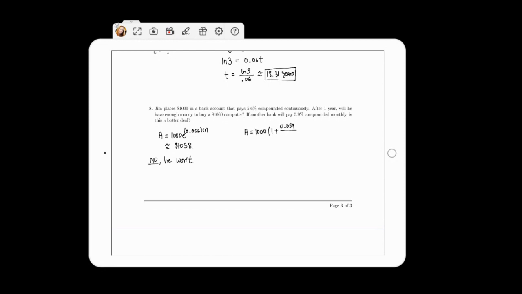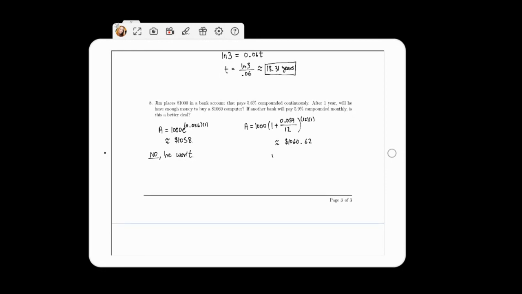So in this case, we're told it's monthly. So n is 12 times a year, to the power of 12 times 1. It's still a 1-year investment. When we put this one on our calculator, we get about $1,060.62, which is a greater amount of money, and now he can buy his computer. So we can answer the second question by saying, yes, this is a better deal.